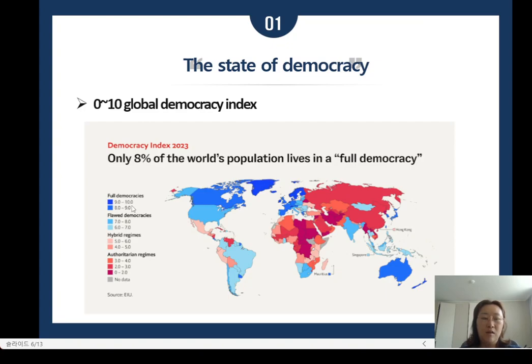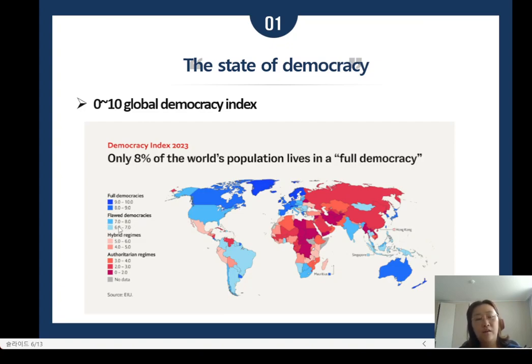But this index actually shows that there are differences. If you get 9 to 10, then it's a perfect democracy, a well developed democracy. And if they got a score of 8 to 9, then it's less developed.